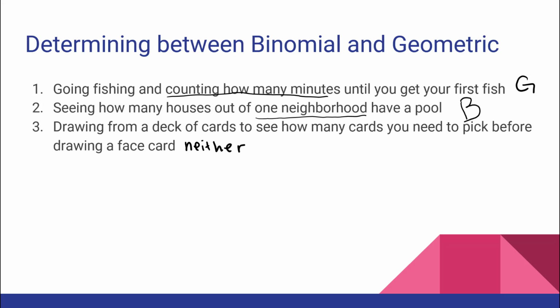Going back to our cards, 10% of the 52 cards would be 5.2 cards. So in order to not violate our conditions, we can't choose more than 5 cards until we draw a face card. The probability of us having to choose more than 5 cards as we try to find a face card is actually quite large, considering how few face cards are in relation to the rest of the deck, which makes it really likely that we'll end up violating our independence, because once we go over 10% of all of the cards, the probability of getting a face card begins to change.